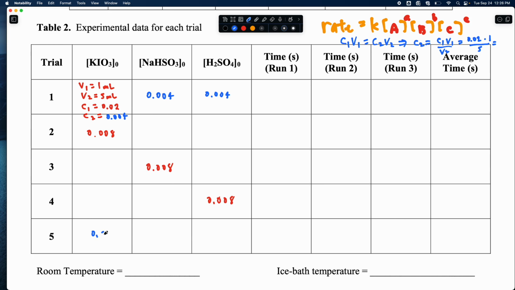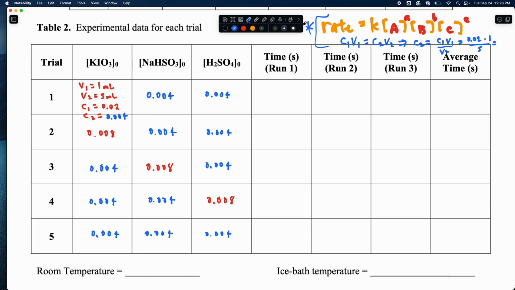It was 0.004, because it was the same. This was 1 mil, 0.004. And if you want to know how I'm getting these numbers, go back up and look at the beginning of this video when I was doing this math over here.